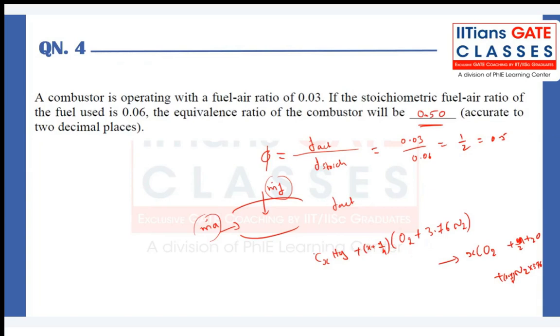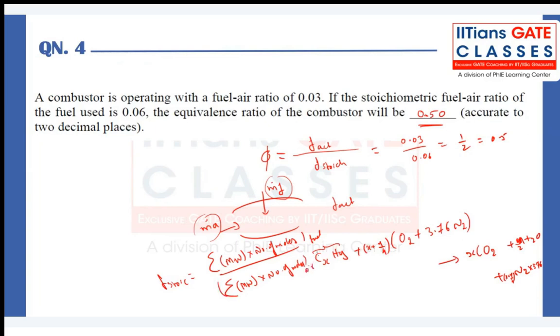So this is how you define the stoichiometric fuel to air ratio: the summation of molecular weight of the components of fuel times the number of moles of the components of fuel, divided by the summation of molecular weight of the components of air times the number of moles of the components of air. So this is how we define the stoichiometric fuel to air ratio.